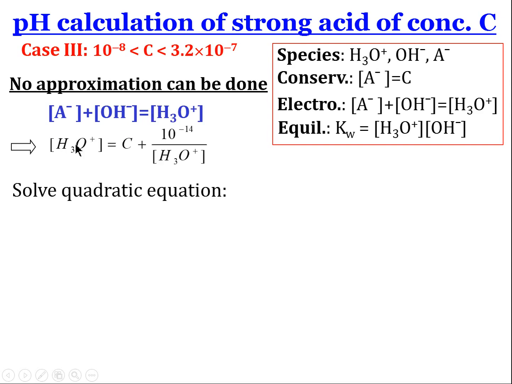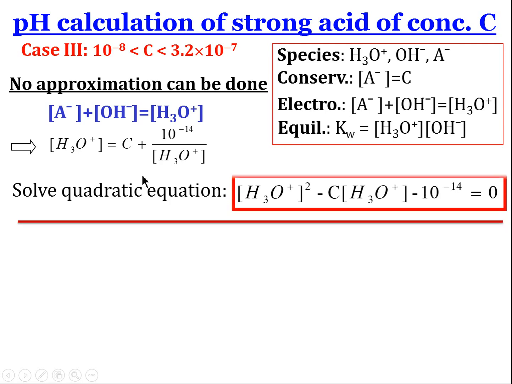So H3O plus equal A minus, which is equal to C, plus OH minus, and according to the Kw expression, OH minus equals 10 minus 14 divided by H3O plus. So we have a second degree equation where H3O plus squared minus C times H3O plus minus 10 minus 14 equals 0.